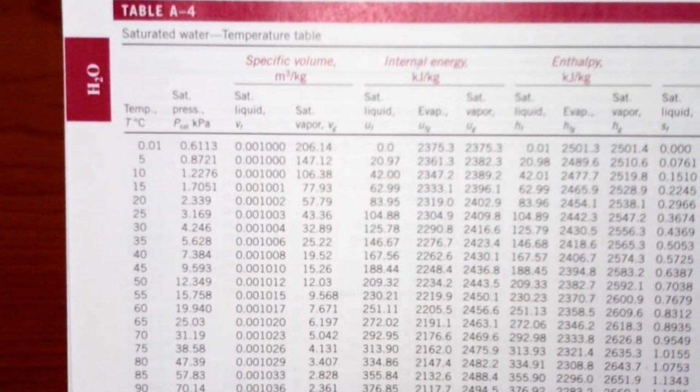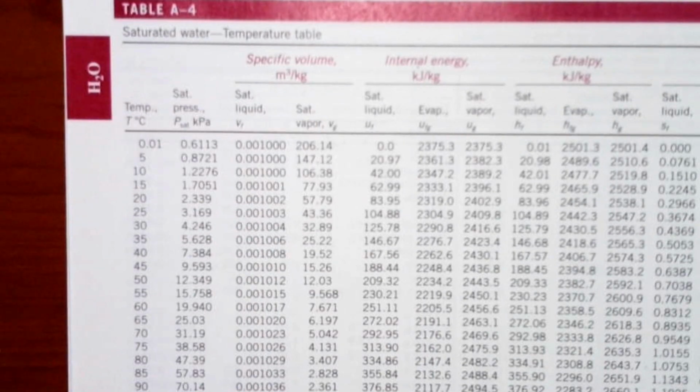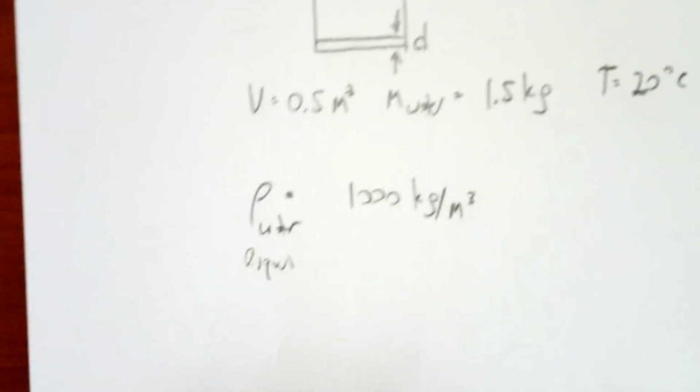You can see that at 20 degrees Celsius, the pressure to keep water from boiling is 2.339 kilopascals. So 2.339 kilopascals is what we call the saturation pressure at 20 degrees C. I'll write that down here.